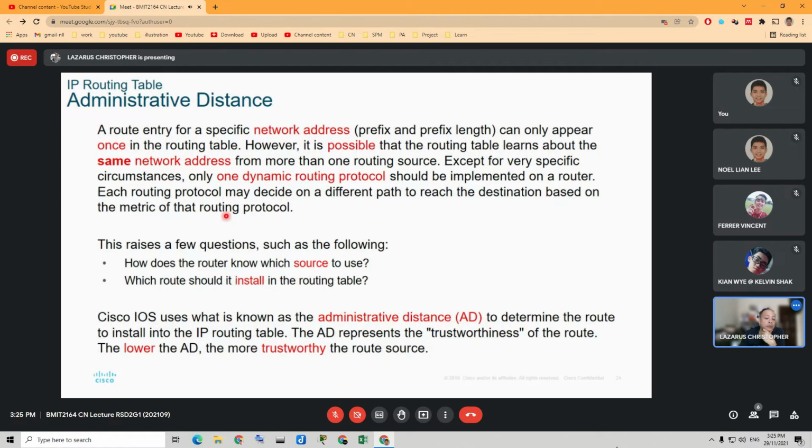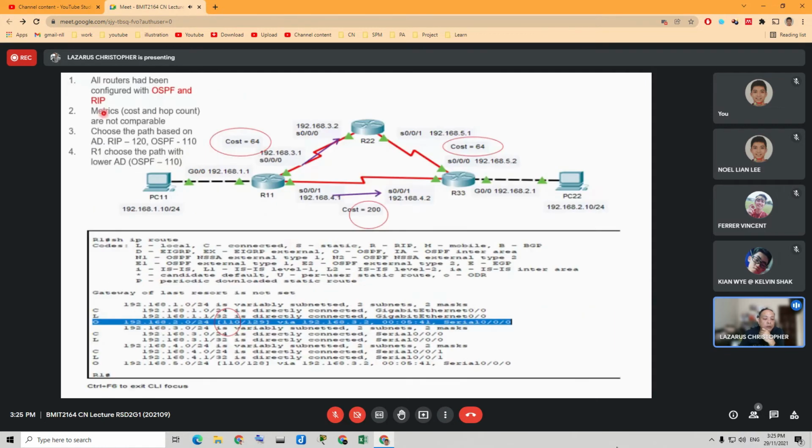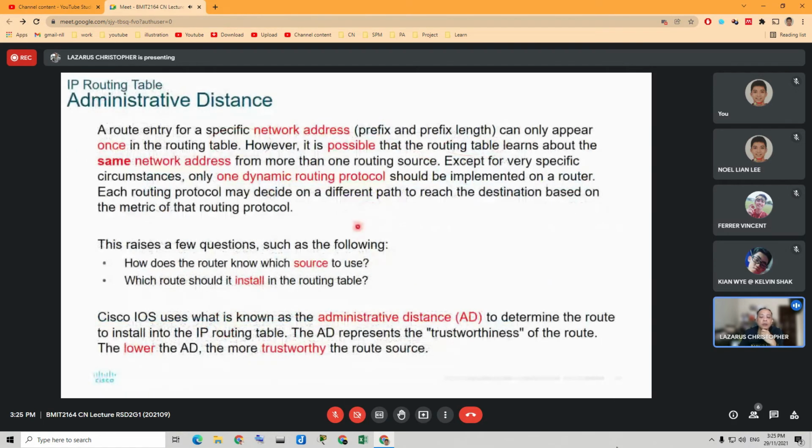But it's possible that the routing table learns about the same network because you have multiple protocols. Except for very specific cases, we should only use one dynamic routing protocol. You have the capability to enable all, but here it advises you should only use one.